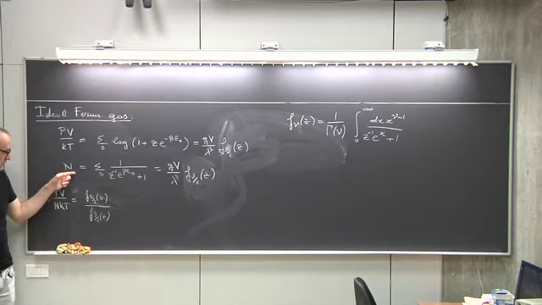Okay. Now you can see that all these functions are essentially proportional to z, in the sense that f nu of z divided by z goes to 1 as z goes to 0. Okay? Right?